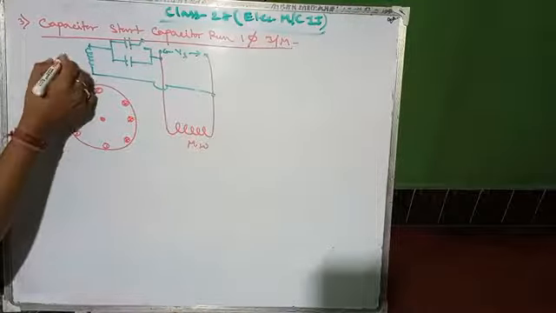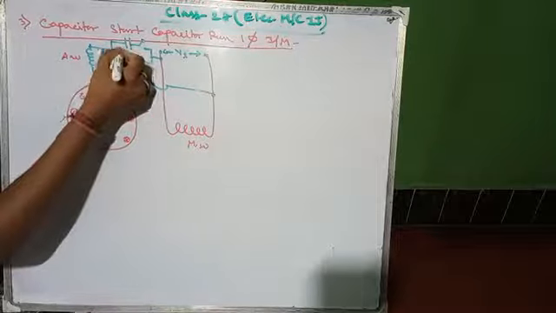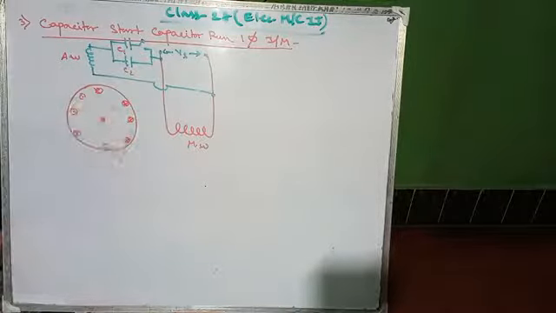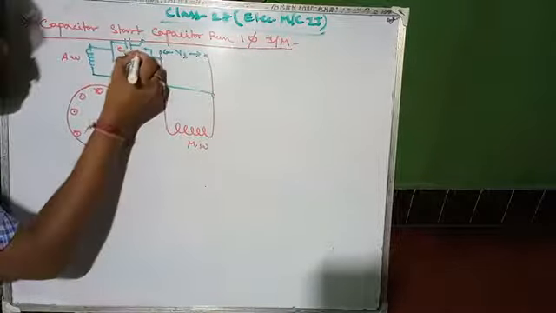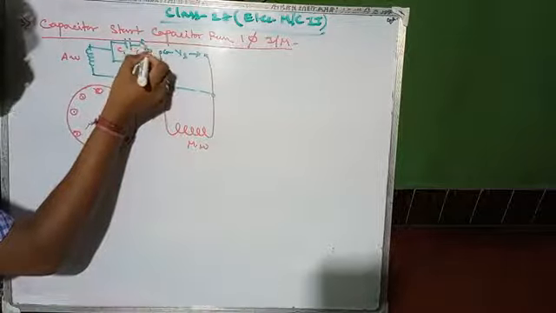This is your auxiliary winding, and this is C1 and this is C2, and this is your centrifugal switch, which is either off or on.